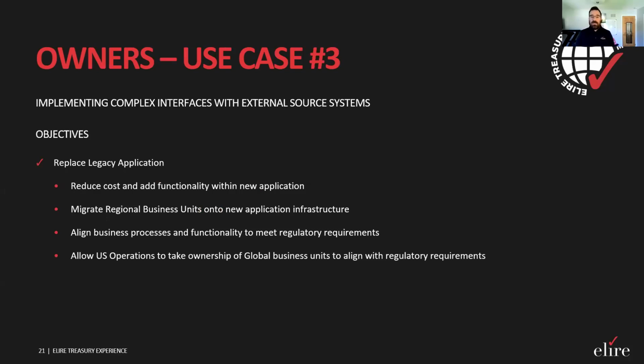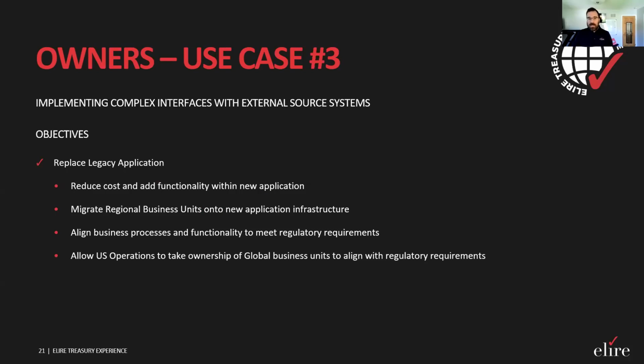The objectives there involved reducing costs and adding functionality within a new application, migrating regional business units into the new application infrastructure, aligning business processes and functionality to meet regulatory environments, and most importantly, allowing US operations to take ownership of global business units and align those with regulatory environments.